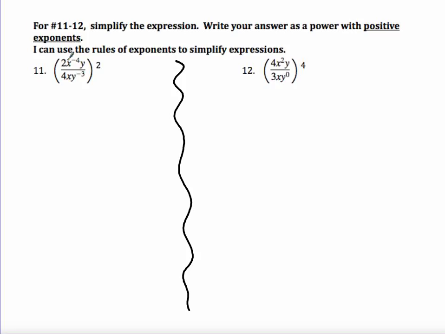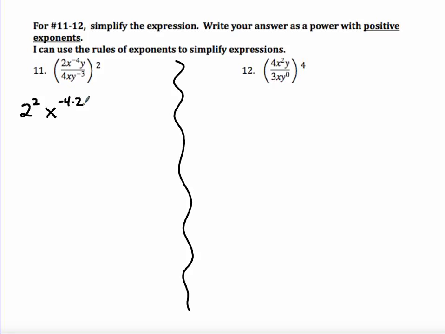So I can either simplify inside of the parentheses first and then square everything, or I can square everything first and then simplify. I'm going to go ahead and choose to square everything first and then simplify. So I'm just going to rewrite everything as it is being squared. I'm going to have 2 squared. I'm going to have x to the negative 4th squared, so I'm taking that times 2.